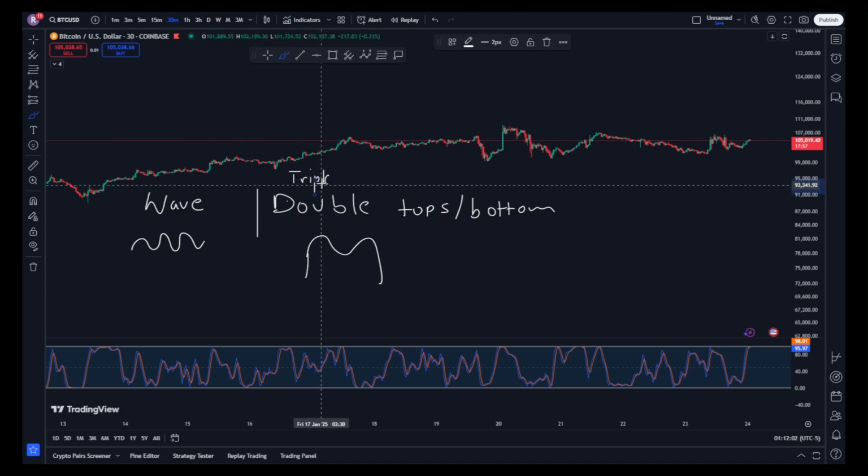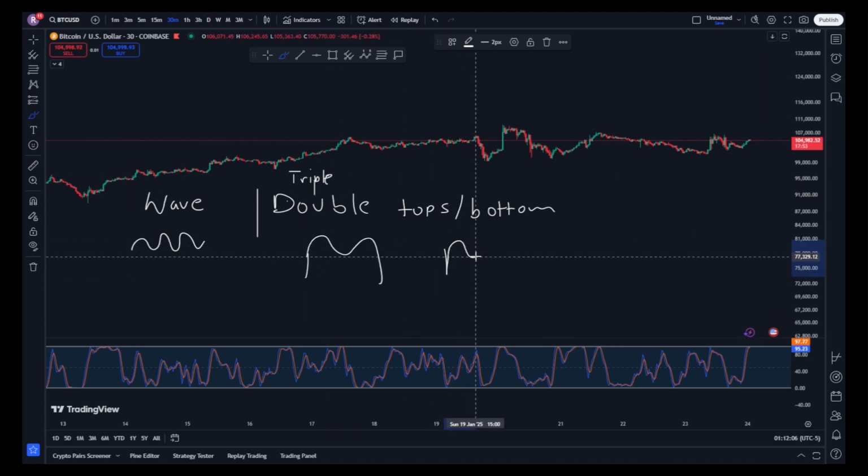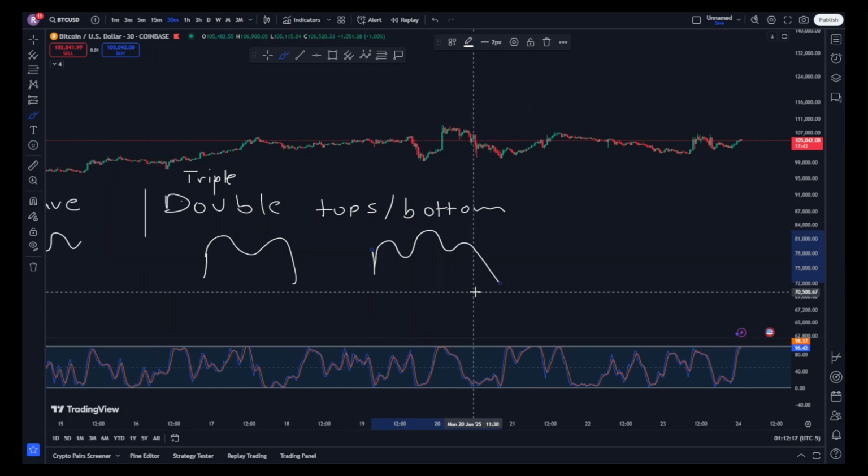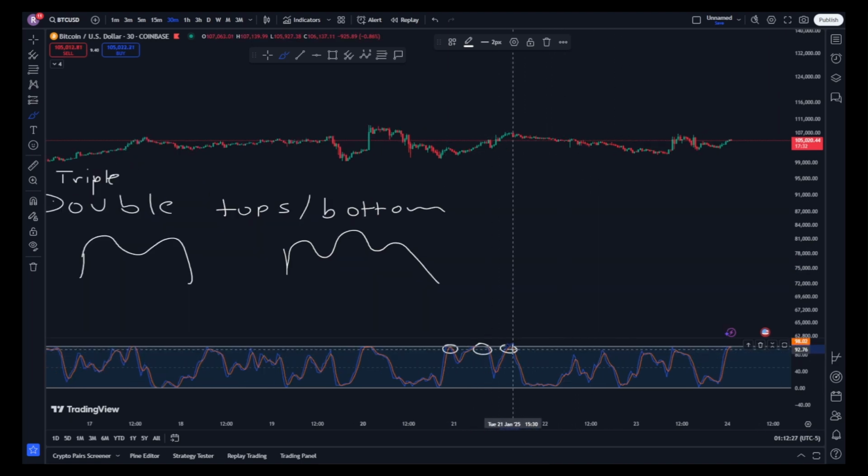And I'll show you guys some examples. A triple top would kind of look like this, this, and then a smaller one and go down. Whereas a wave is kind of on an equal footing. For example, over here, you could consider this a triple top, right?